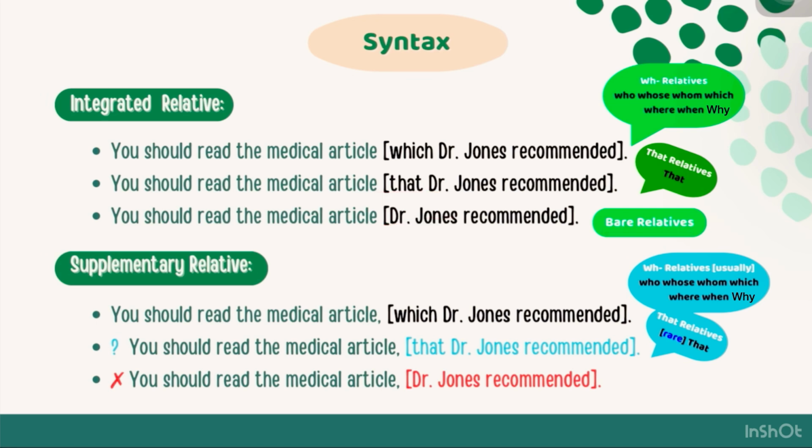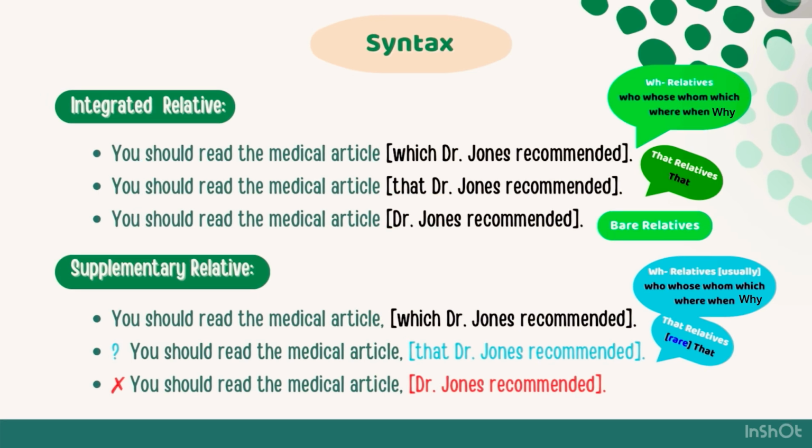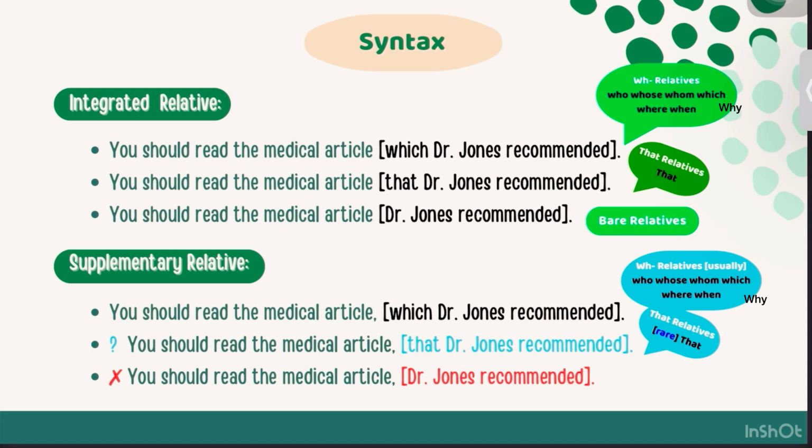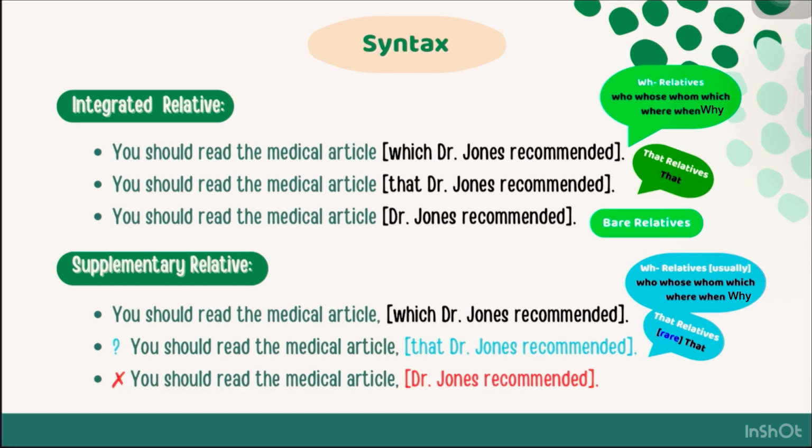And for supplementary relative, it mostly uses WH relative usually. And that relative is rarely used. And zero relative in supplementary is not available. If you write a sentence like this, it will be ungrammatical.